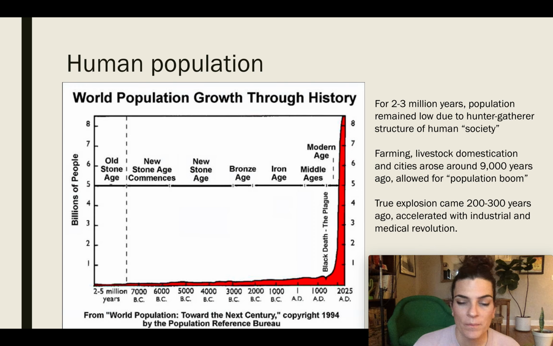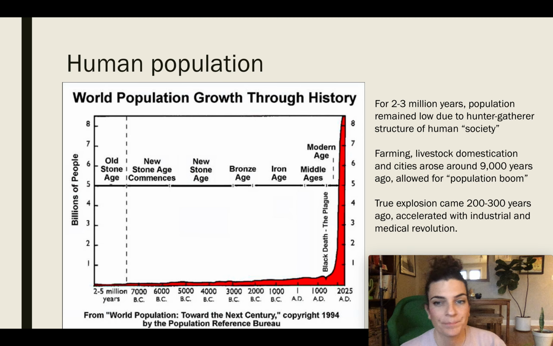These were what I would call proto-humans. They were pre-human, Australopithecus, for example, and others. And so for millions of years, the population of these proto-humans and then ultimately modern anatomical humans remained low due to the hunter-gatherer structure of human societies.